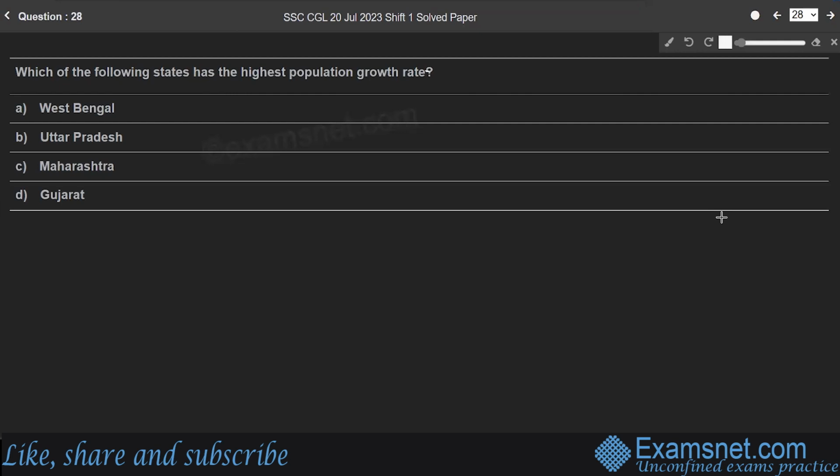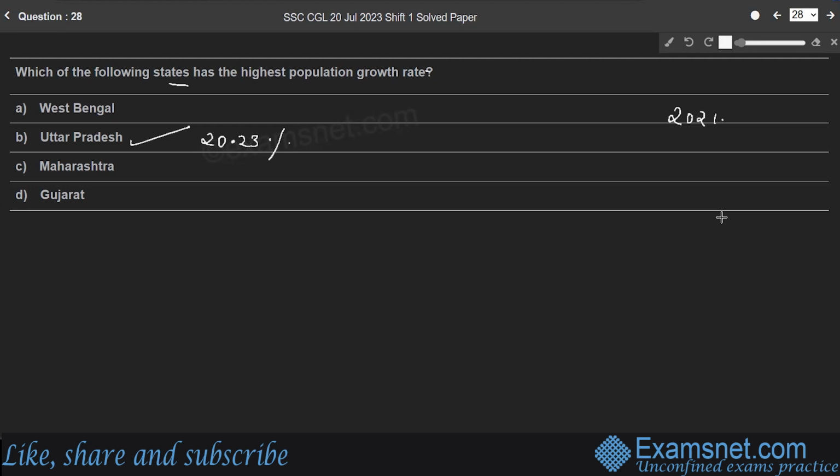Question 28. Which of the following states has the highest population growth rate? So among all, Uttar Pradesh state has the highest population growth rate of 20.23%, right?